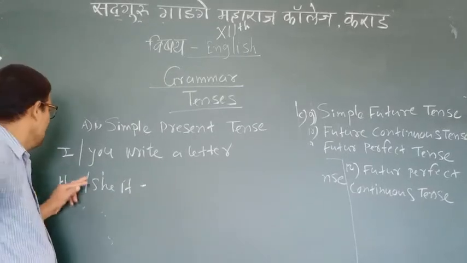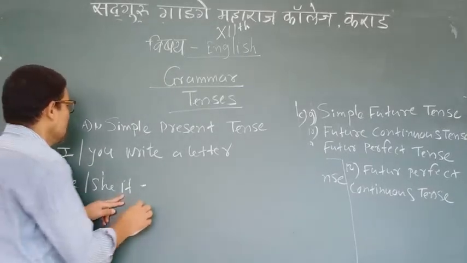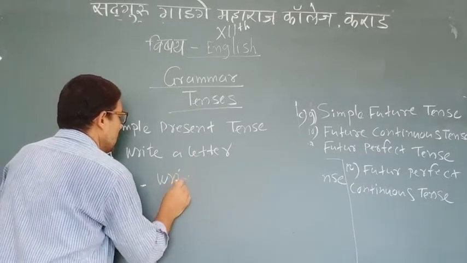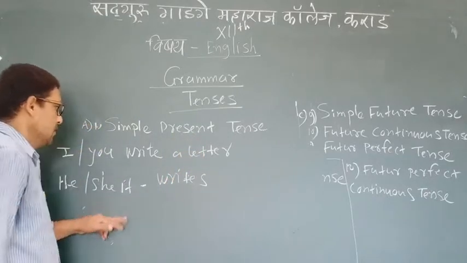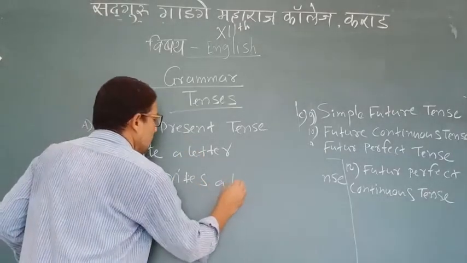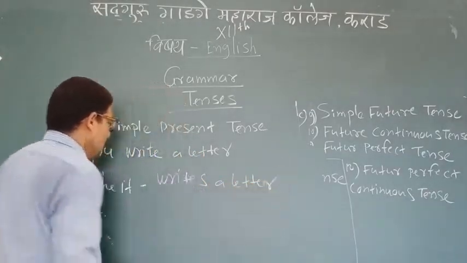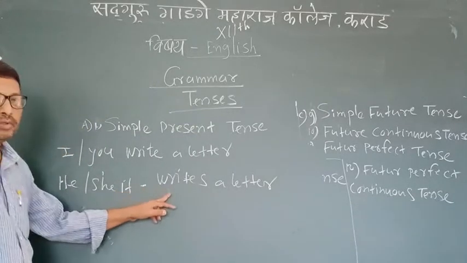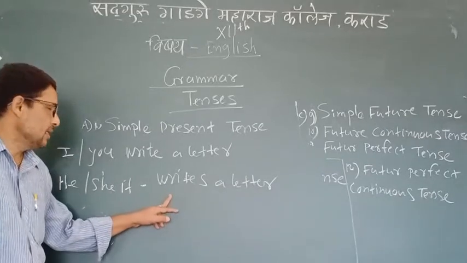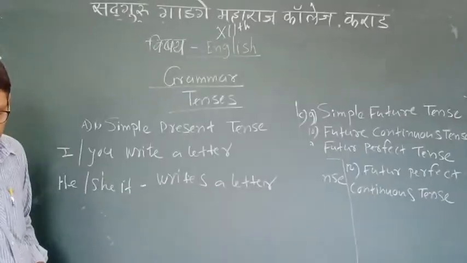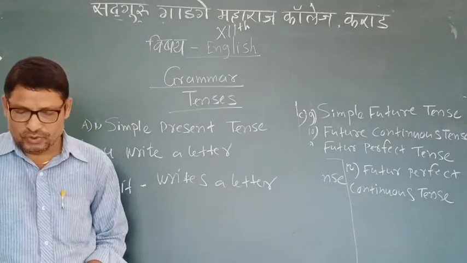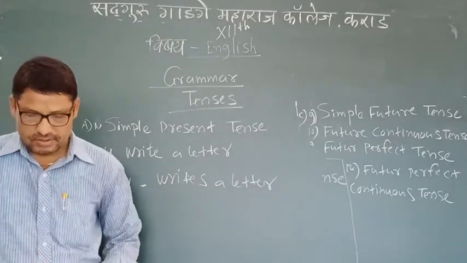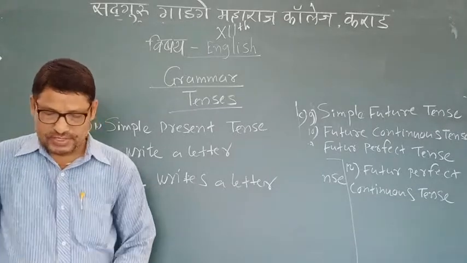For example, write becomes writes. If you use the subject he, she, it, then the verb gets a suffix like s or es. There is no change in the plural form of the subject, you, they. We can write you write. This is the simple present.